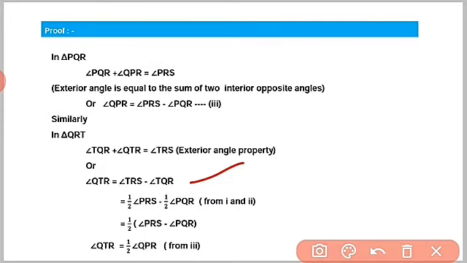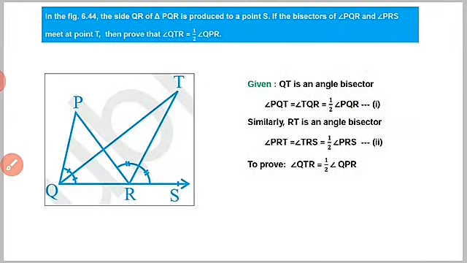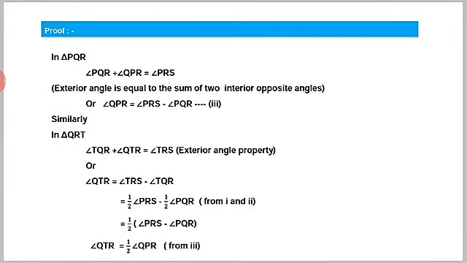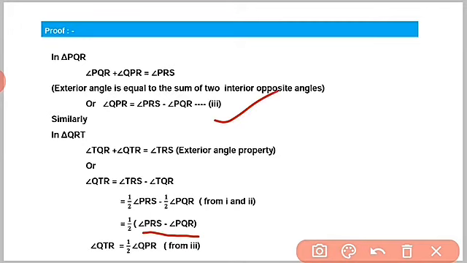Then, taking the half common, we substituted the values from 1 and 2, half of PRS and half of angle PQR. So we are left with angle PRS minus angle PQR, and we know from the third equation that this is equal to angle QPR. So this is how we can prove this question.